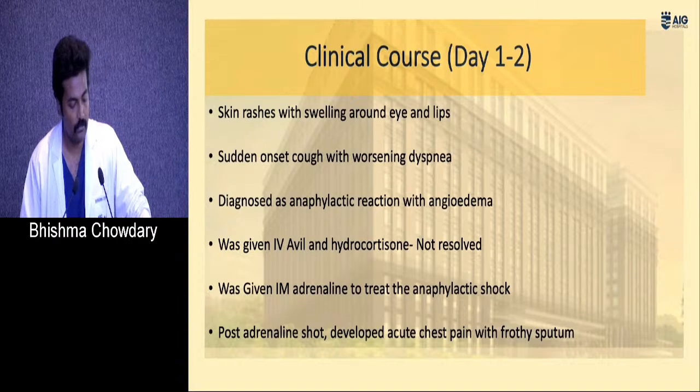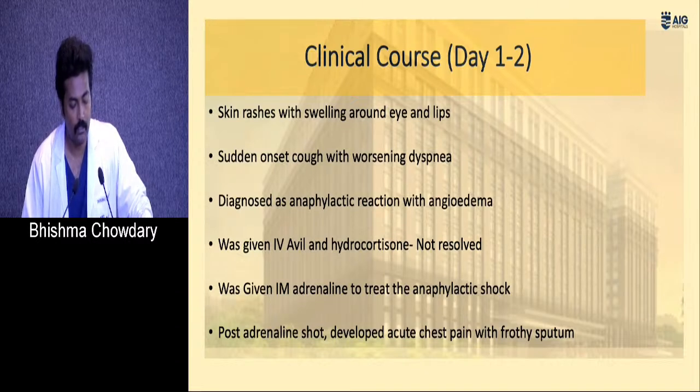The cough didn't decrease, the dyspnea worsened, and she almost went into anaphylactic shock, for which she had to be given IM adrenaline. Soon after IM adrenaline was given, the patient drastically deteriorated. She had acute chest pain and developed frank pulmonary edema within a few minutes.